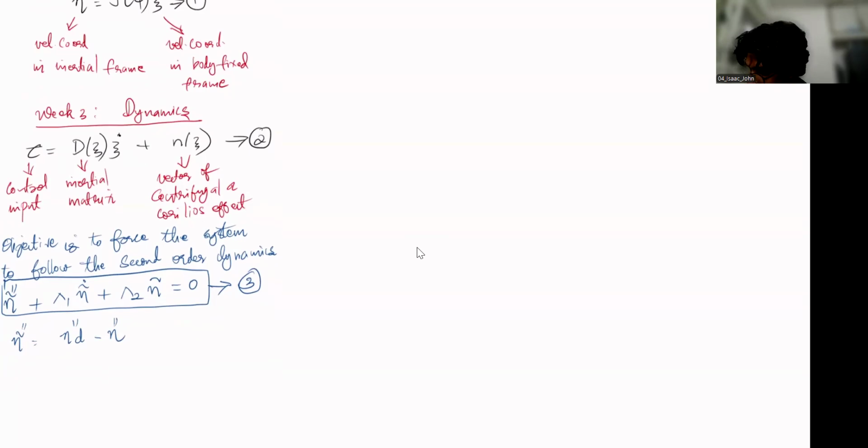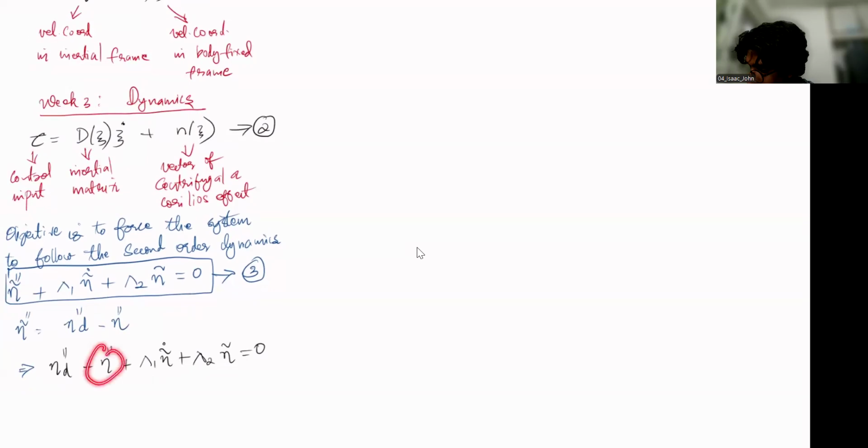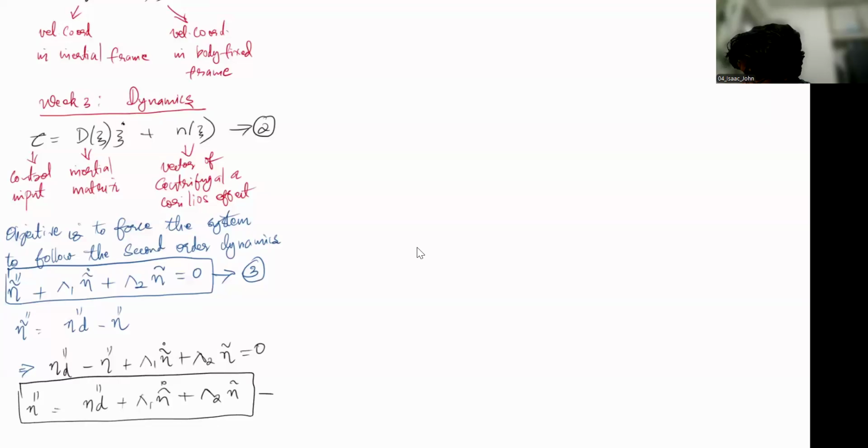If I substitute this into equation 3, I get eta desired double dot minus eta double dot plus lambda 1 eta tilde dot plus lambda 2 eta tilde equals 0. I'll rearrange this, bringing eta double dot over to the other side, so I end up with eta double dot equals eta desired double dot plus lambda 1 eta tilde dot plus lambda 2 eta tilde. I'll mark this as equation 4.